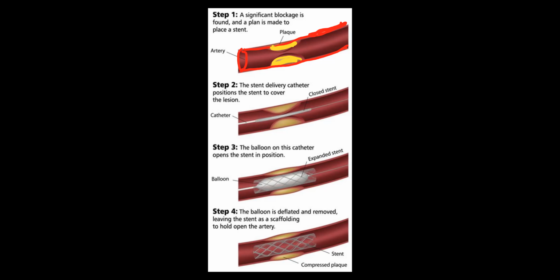This wire is inserted into the artery, and through the arterial route, it is brought into the heart, and there it is inserted into that artery of the heart wherein the blockage is present. उसमें उसको insert किया जाता है, like this one. Can you see this? Catheter inserted into that passage of the blocked artery. Can you make out that?